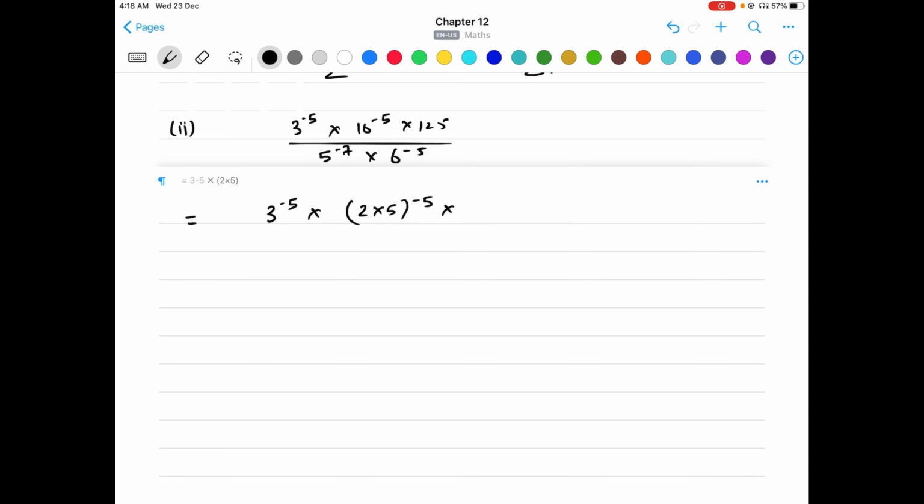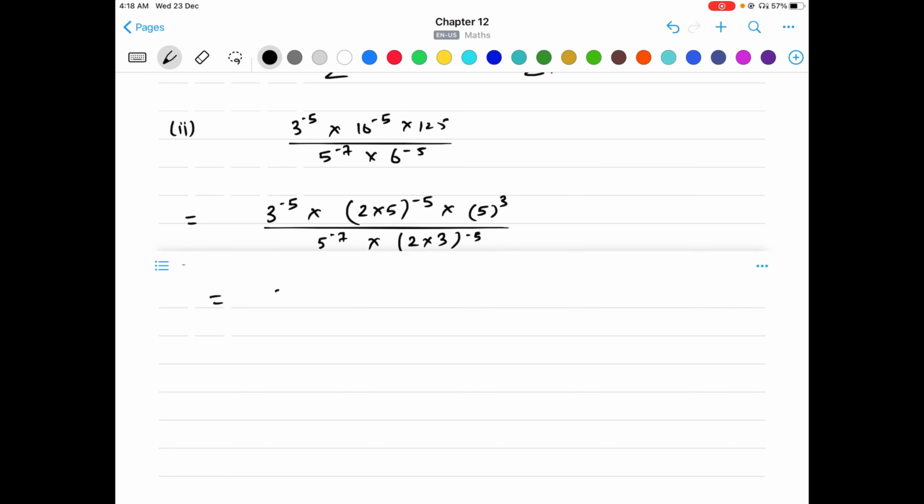Then we'll add the common power, which is minus 5. Similarly, this 125 can be written as 5 power 3, divided by 5 power minus 7 into 6, which can be written as 2 into 3 whole power minus 5.